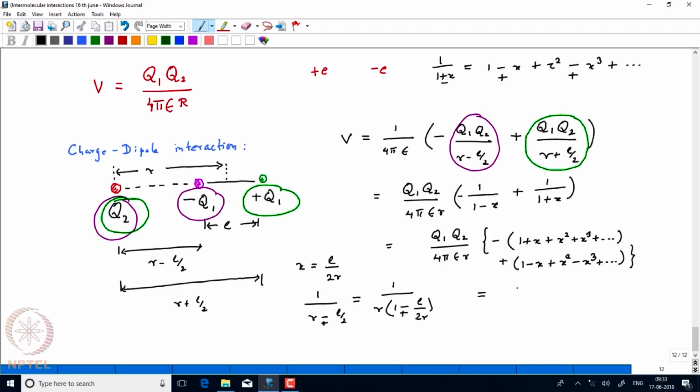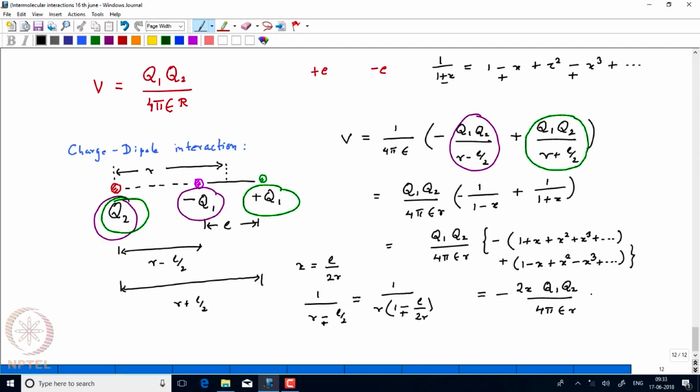So what we will have is a minus of x, and then we'll have a plus of minus x. So overall I'll have a minus sign, and it will be multiplied by minus 2x Q1 Q2 by 4 pi epsilon r, and then we can substitute the value of x, which was L by 2r.